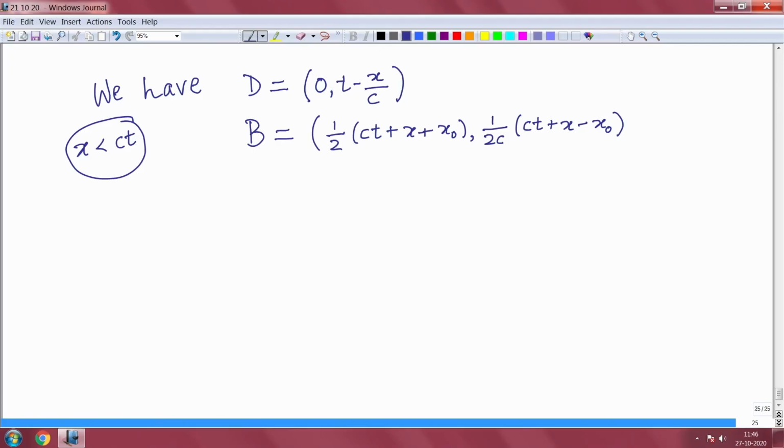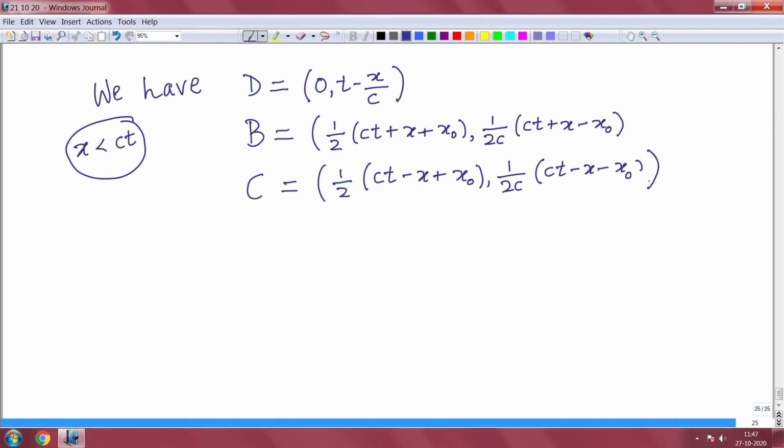So it is on the positive t axis, and the point C is half of (c t minus x plus x 0), one by 2c times (c t minus x minus x 0).